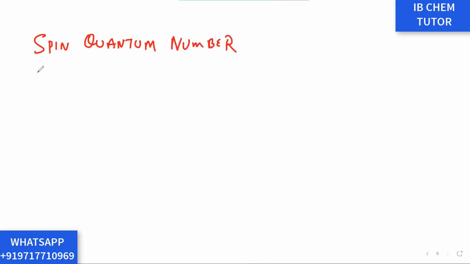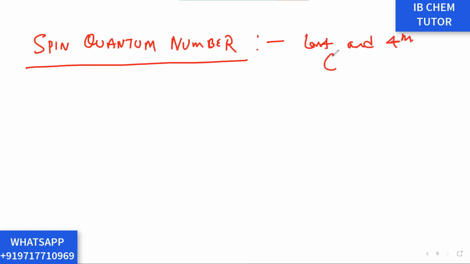Spin quantum number. Okay. So now about the spin quantum number. This is the last and fourth quantum number. Now if you see the series, just revise it.